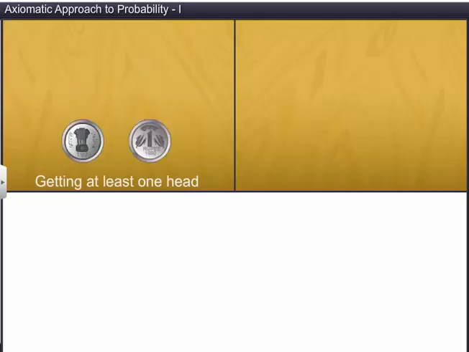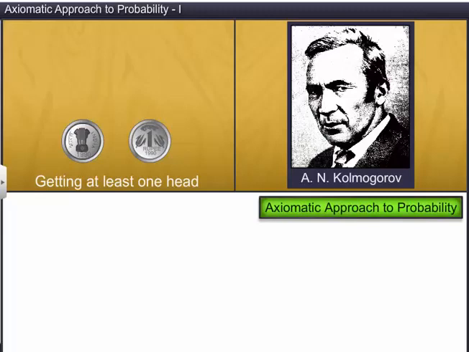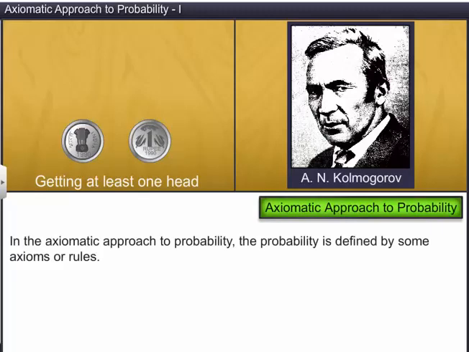Therefore, A.N. Kolmogorov, a Russian mathematician, developed a new theory of probability in 1933. This is called the axiomatic approach to probability. In this approach, some axioms or rules are laid down to interpret probability. Let S be the sample space of a random experiment.